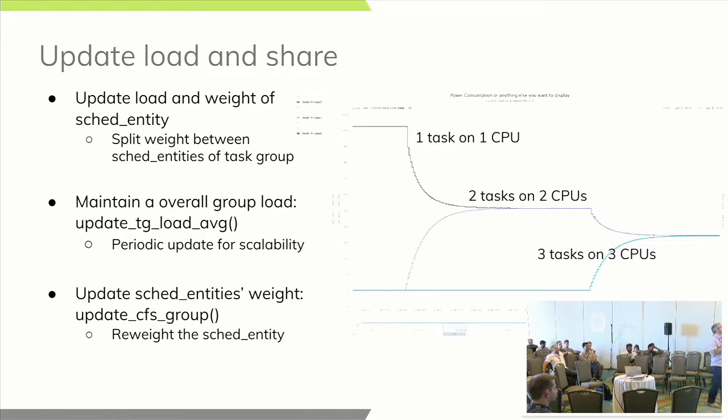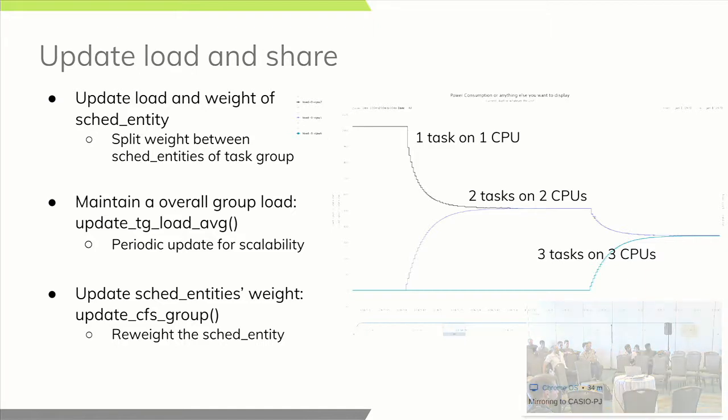So how do we update, in this case, the load and the share of a C group? We split, as I explained, the weight between the scheduling entities of the task group on each CPU. And based on that, the load will be impacted.